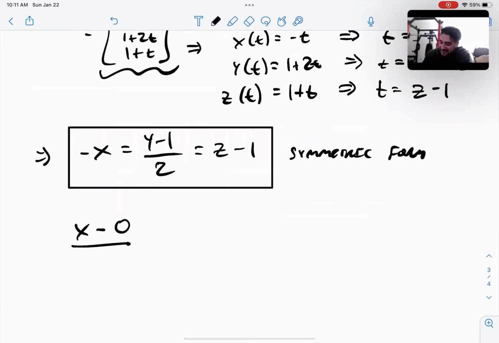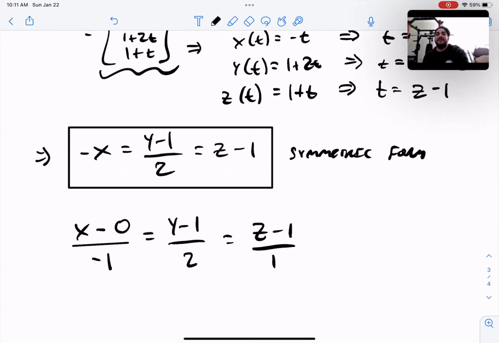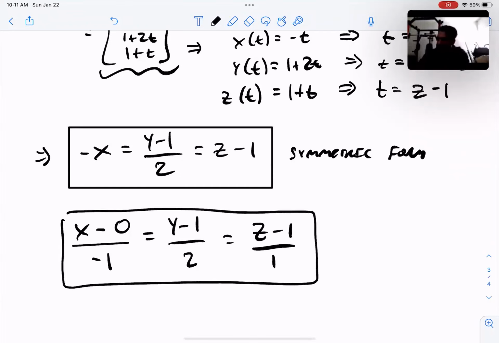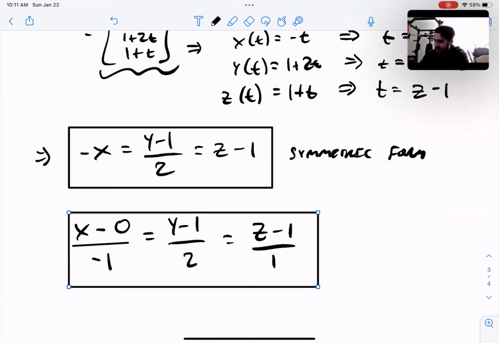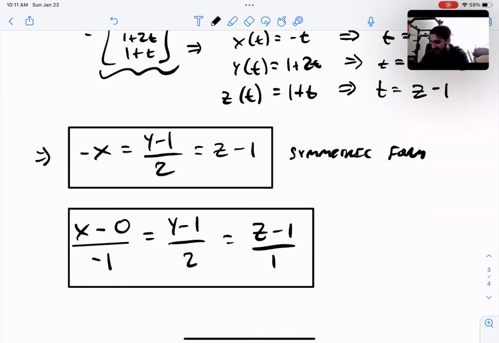You could say this is x minus 0 over negative 1, y minus 1 over 2, and z minus 1 over 1. That's what I mean by placeholders. Any place where you're dividing by 1 or adding or subtracting 0, put the 1 or put the 0 there. If you want to be a little more explicit, it just helps you see that you got it correct. It's not necessary, but it's kind of nice to see it that way.